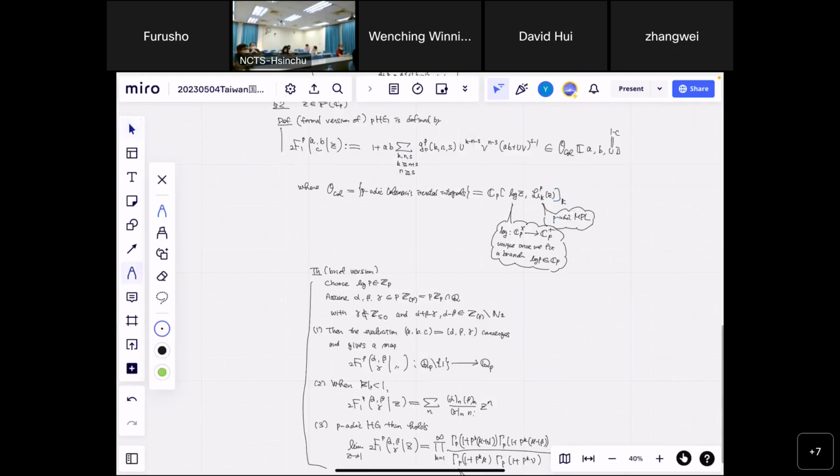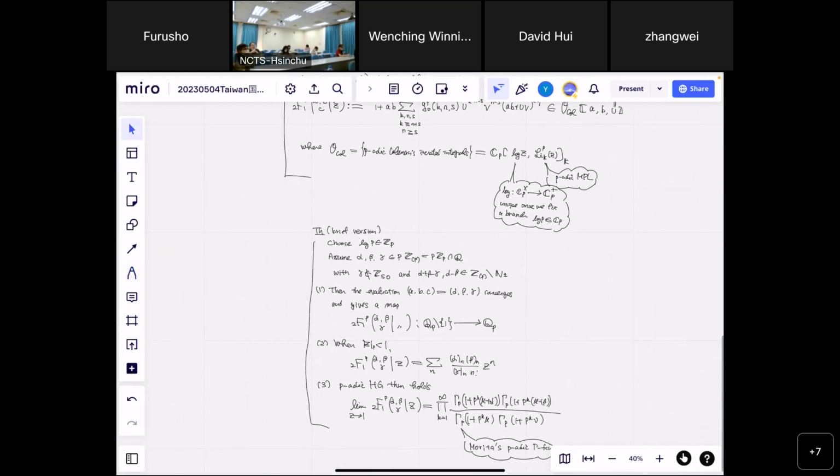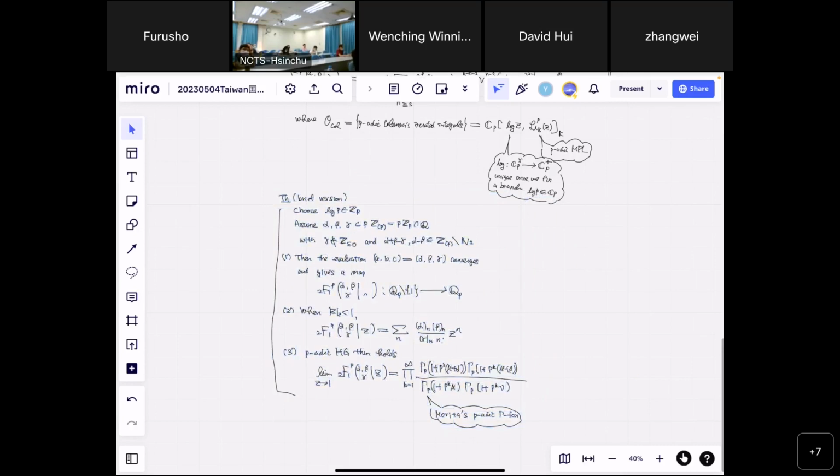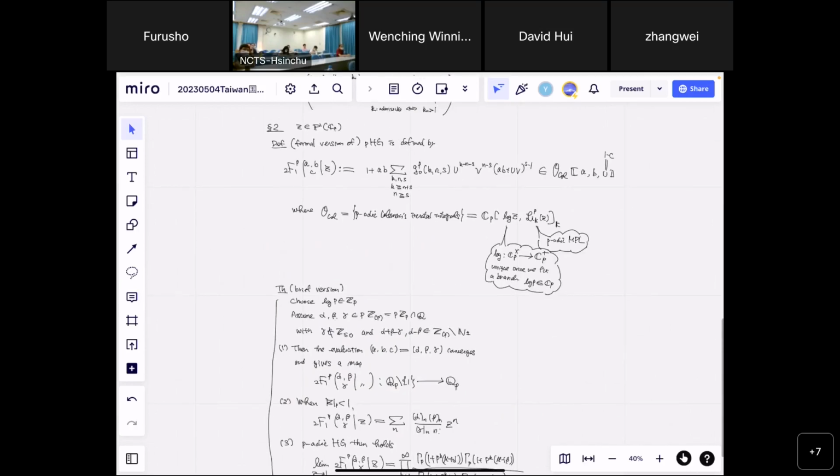So, my hypergeometric function, this is the formal version of the p-adic hypergeometric function, which is defined by the power series with three variables.